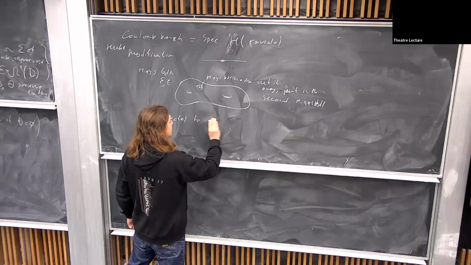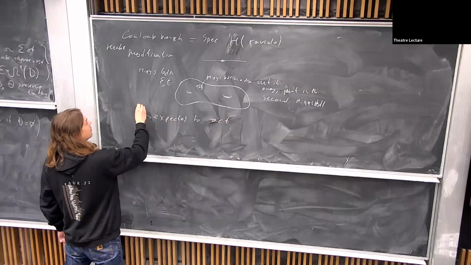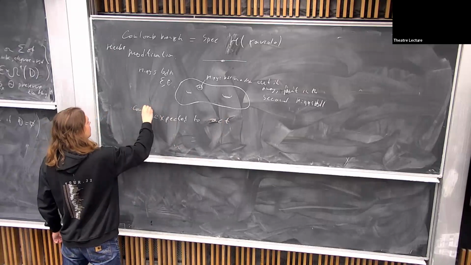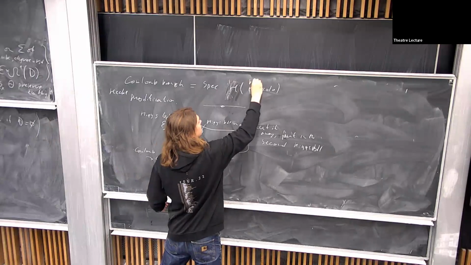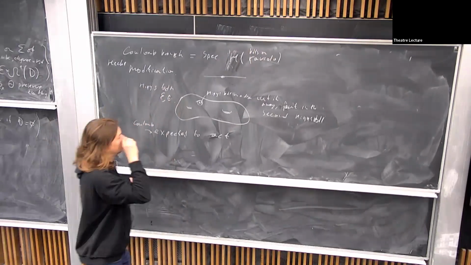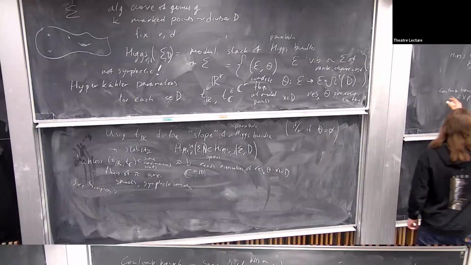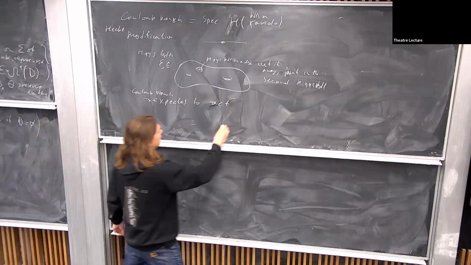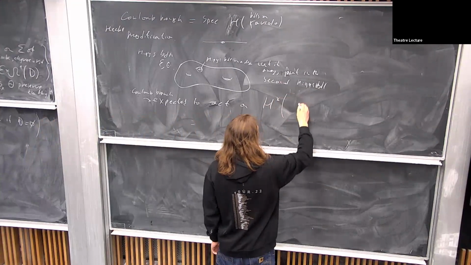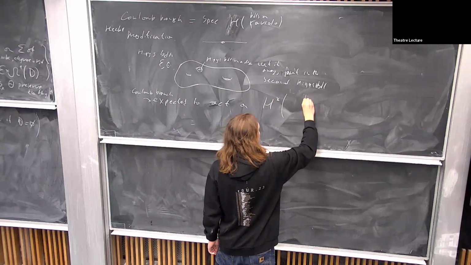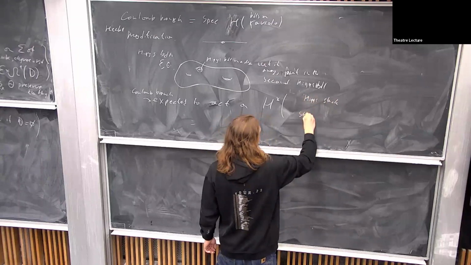So the corresponding Coulomb branch, sorry, not Raviolo, but bundles on the Raviolo moduli space. So functions on the Coulomb branch are expected to act on the cohomology of different stable moduli spaces.